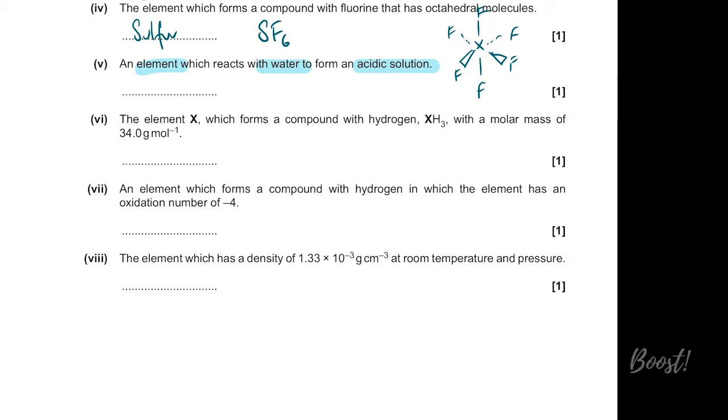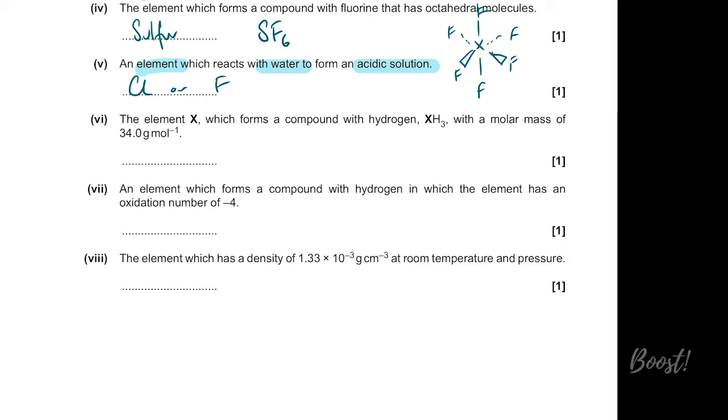So hopefully if you can start to think out of the box a bit, if you weren't able to just remember that halogens produce acidic solutions, you could think, oh, hydrochloric acid is an acid that I know about, so perhaps chlorine might be a good guess, and chlorine or fluorine would be the right answers here. Cl or F. I did actually circle bromine there, but just remember that you're looking just in period 3, so we're looking just up until argon as the end point for our questions here. So the answer there was fluorine or chlorine.